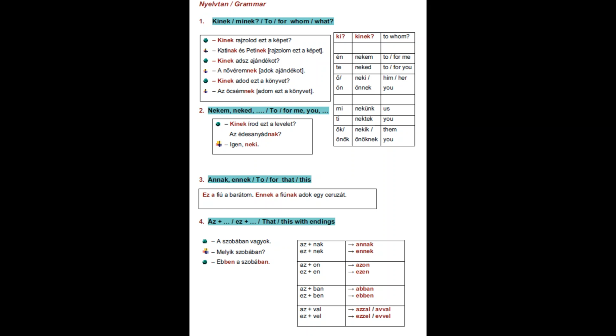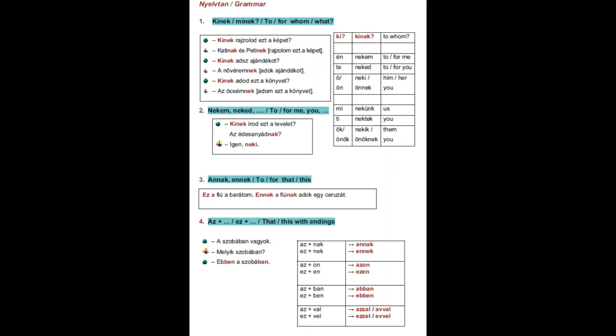So minek and kinek. Kinek is a person, right? Saying for whom, okay? For who? Who or for whom? And minek is an object. It's not a person, it's a thing. Minek is for what or why, right? Minek, why?